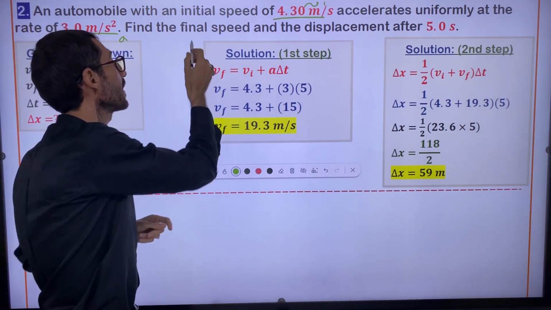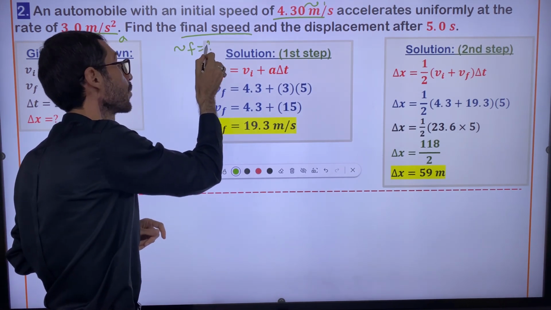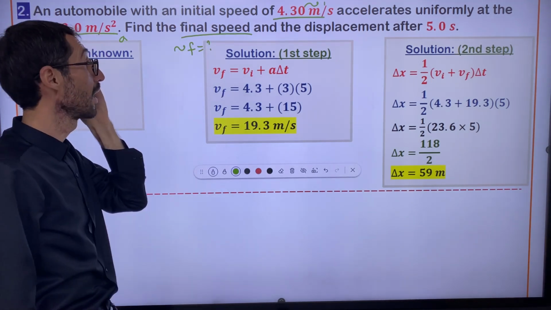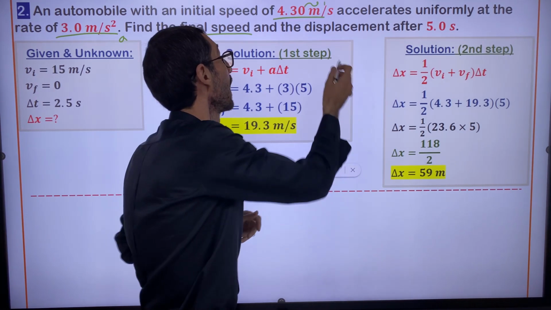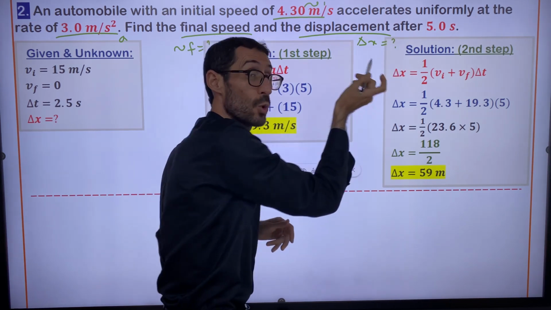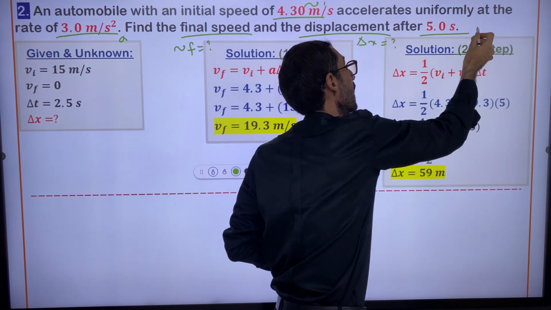Find the final speed. We see final speed means we look for v_f, and we had this unknown in the previous question. And displacement, we had delta x as well in the previous question, after 5 seconds.